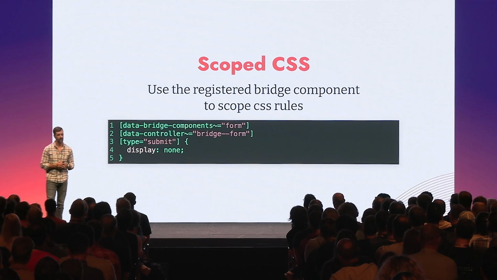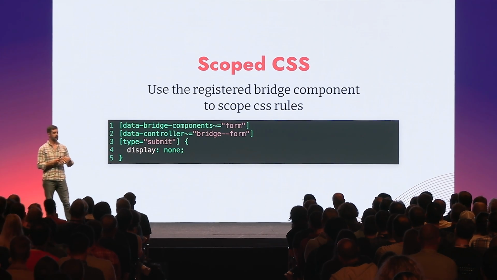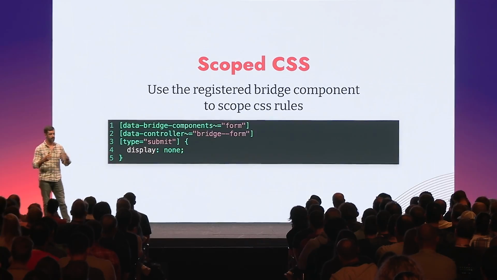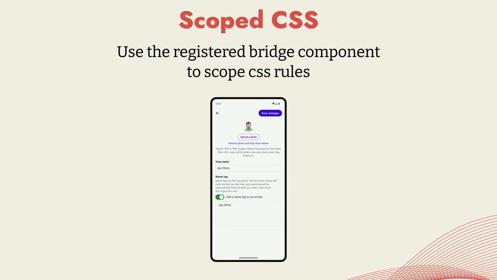This works both forward and backwards compatible. So if you launch a new feature and you've got a web form, but the native app doesn't support the form component yet, you'll still see the web button. If your native app is updated to support it, we'll show the native one instead. So then it'll look like this.